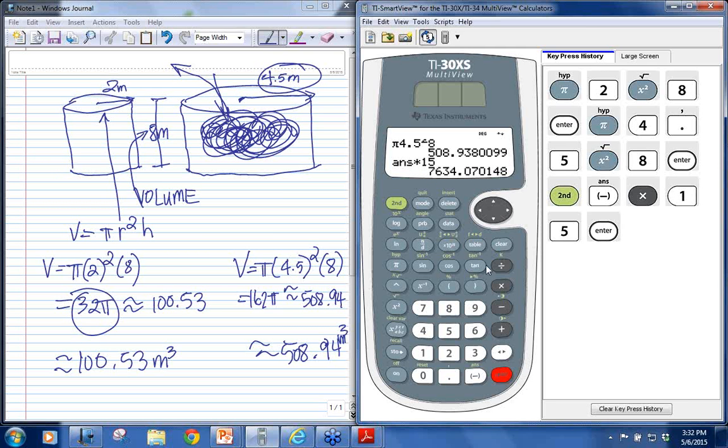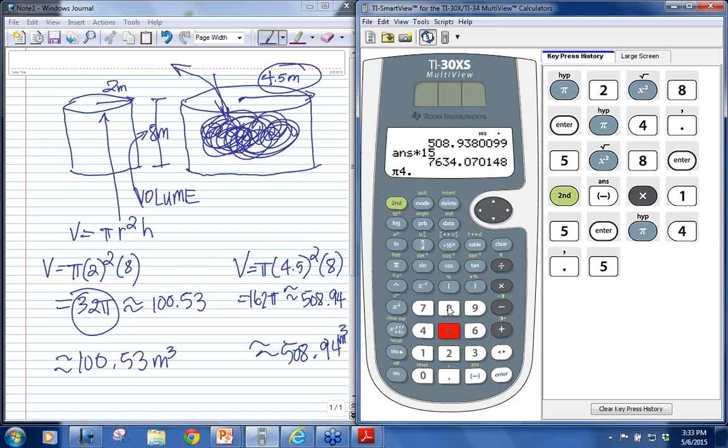Actually, we can do that again, and there's a faster way to do that. You press pi, and then let's re-enter the 4.5 squared times 8.